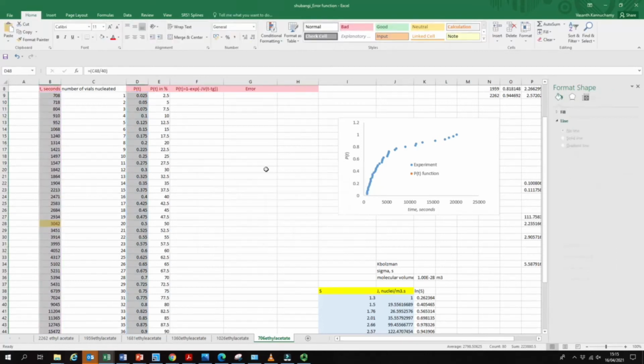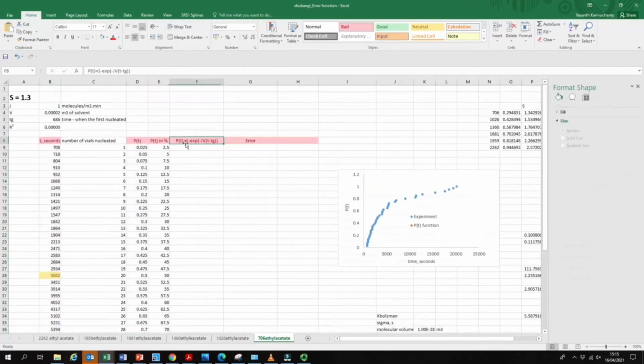What we are going to do now is calculate the nucleation rate using this probability function. This function will allow us to roughly estimate the nucleation rate. This equation contains Tg, which is the time when your first vial nucleates. So this is more or less a relative probability.